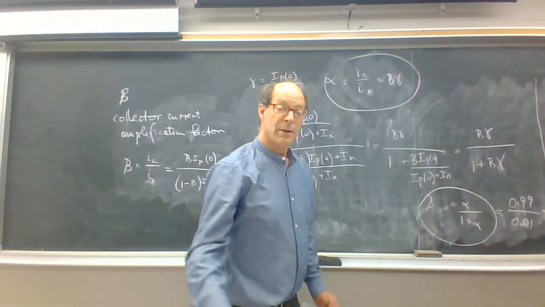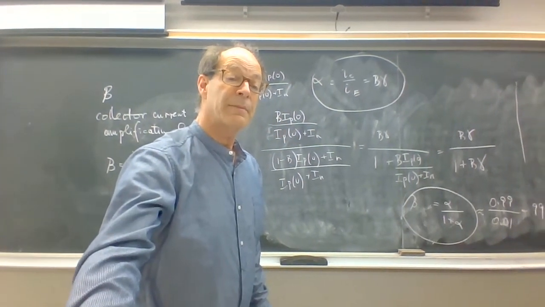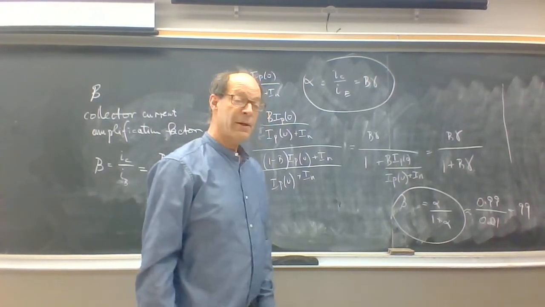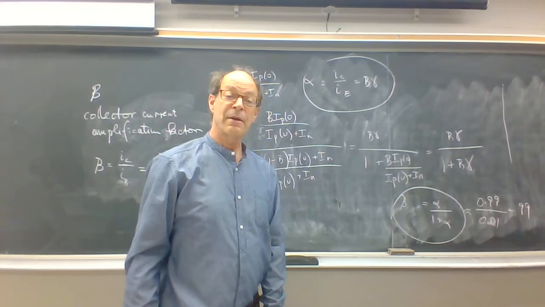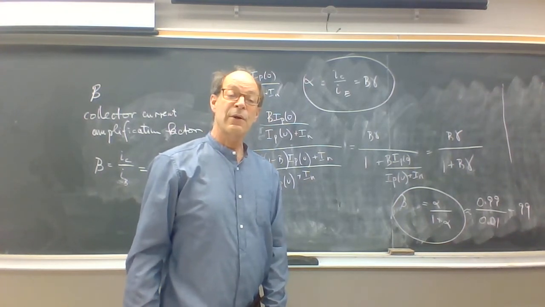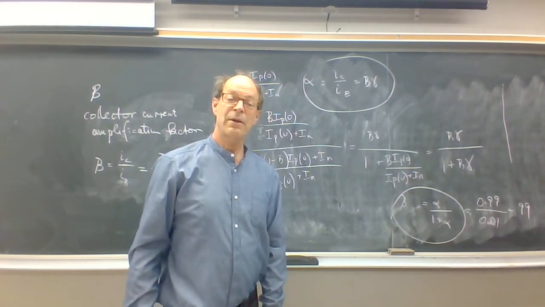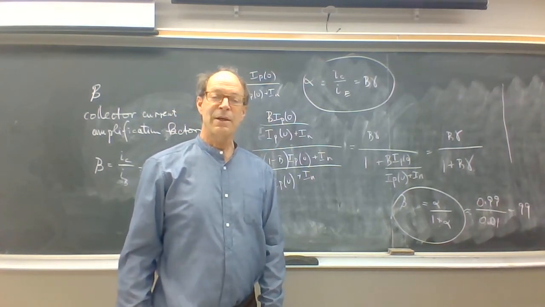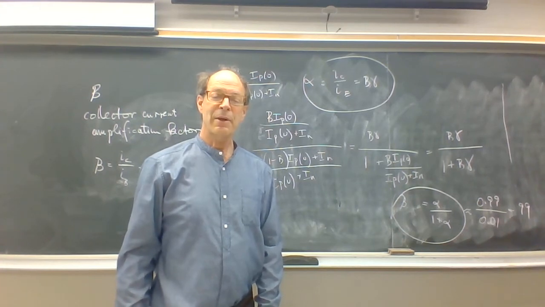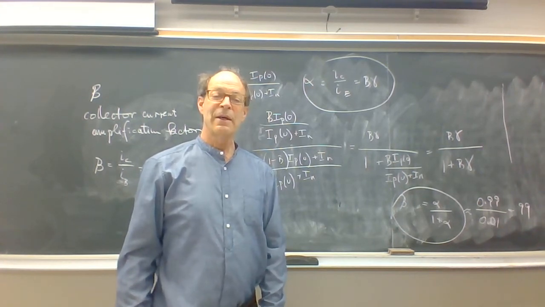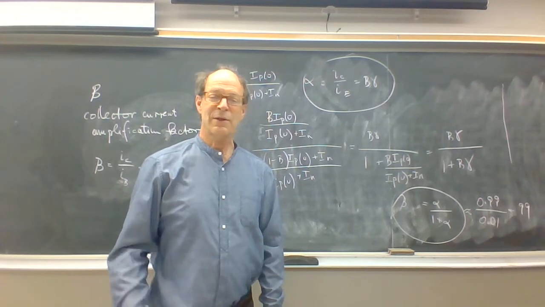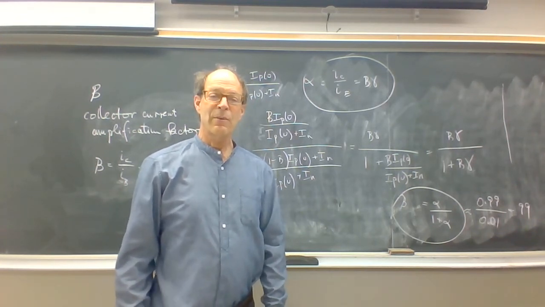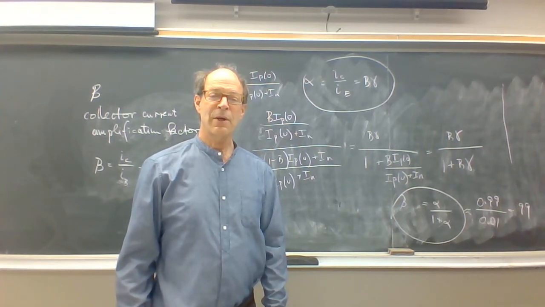So you can see that our value of beta would be more like on the order of 100. So a good transistor would have a value of beta on the order of 100, perhaps between 10 and 100, depending on the application and the type of transistor. And very typically it could be 60 or 80 or 50. So beta values tend to be in the range 10 to 100.